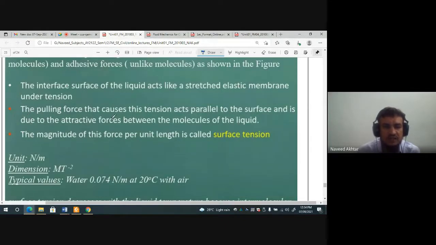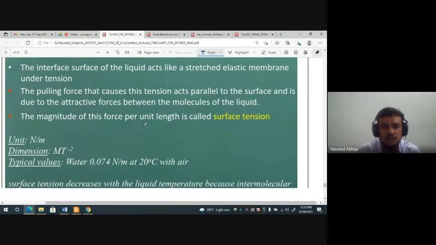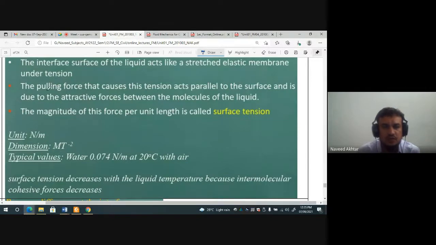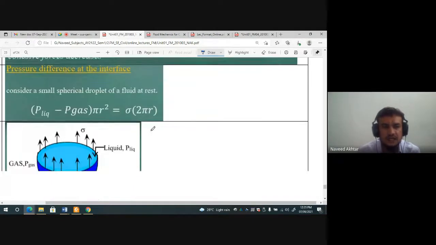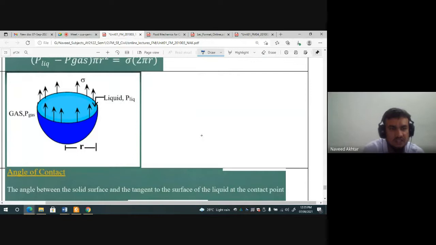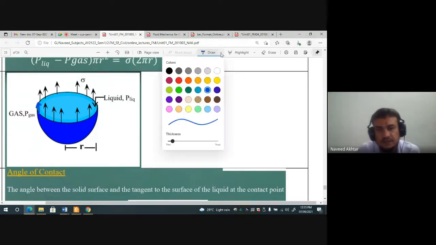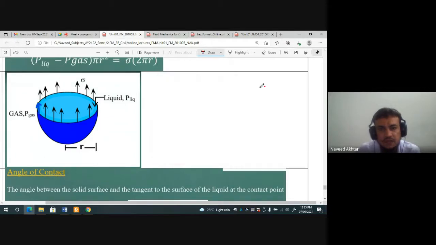Then the pulling force that causes this tension acts parallel to the surface and is due to the attractive force between the molecules of the liquid. And parallel to the surface means, if you see this droplet of water, I will draw.